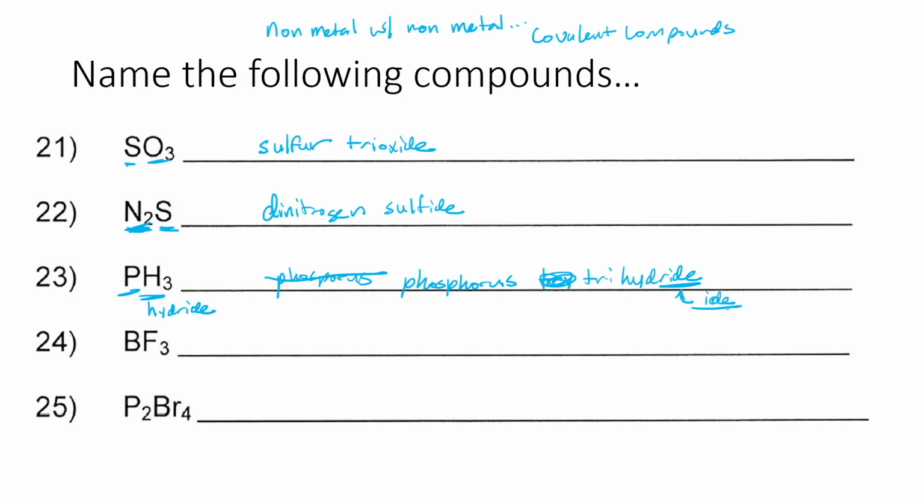That's important. Okay, next one, we have boron. Only a single boron, so we'll just write boron. But then we have 3 fluorines, so that's going to be trifluoride. Somehow, I don't think that's how you spell fluoride.